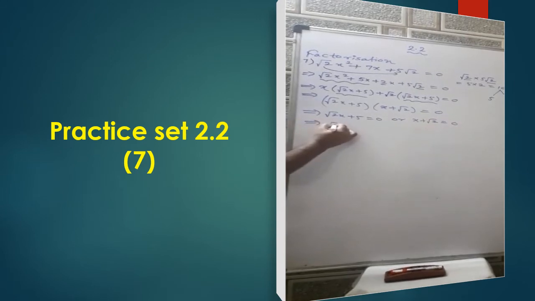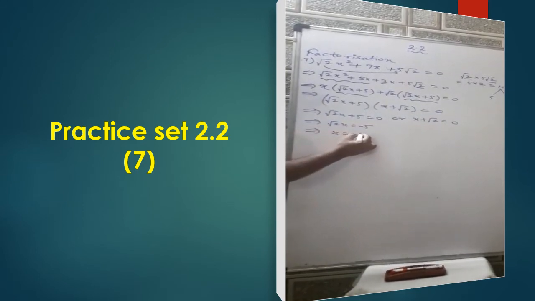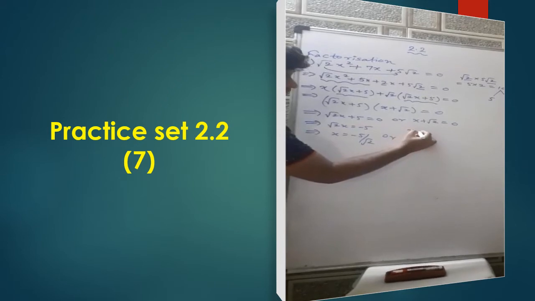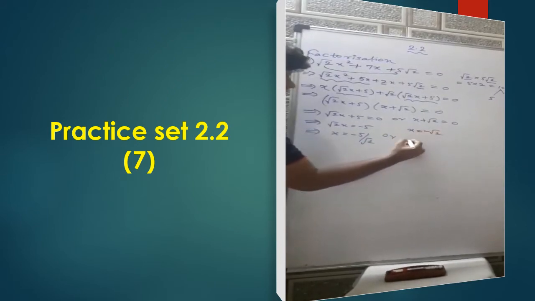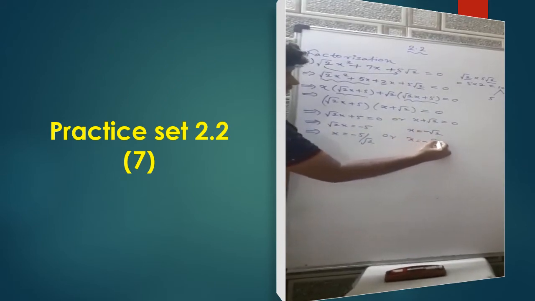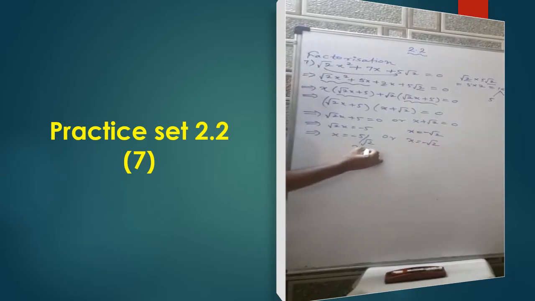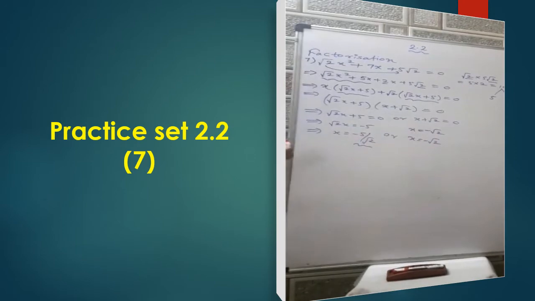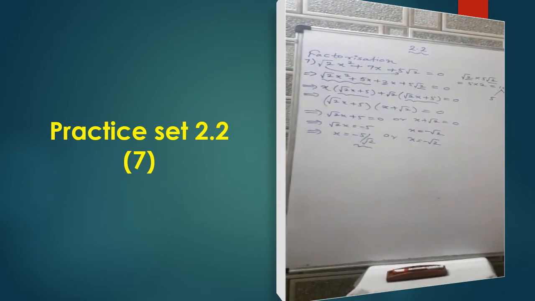So therefore root 2x equals minus 5, x equals minus 5 upon root 2, or x plus root 2 equals 0, so x equals minus root 2. So your final answer: minus 5 upon root 2 and minus root 2 are the roots of the given equation.